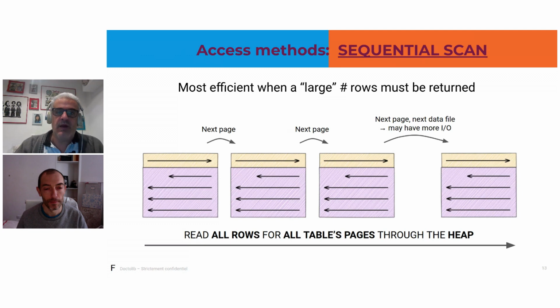When Postgres has to scan a file, it will just read 8 kilobytes every time till the end of the file. We go from the beginning and read all pages and all rows in the table file through the heap. A heap in Postgres is what we call the space where we store data on disk. So that's the sequential scan.